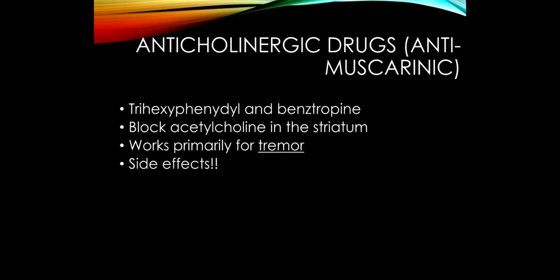The other reason we really don't like to use anticholinergics is from our lecture last year on the autonomic nervous system. If you block muscarinic receptors, you tend to get a whole bunch of side effects. These receptors are in the brain, important for cognition, so it'll frequently cause confusion or memory loss. The acetylcholine receptors for the parasympathetic system stimulate the GI tract.